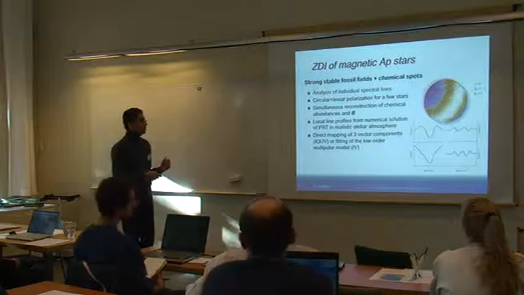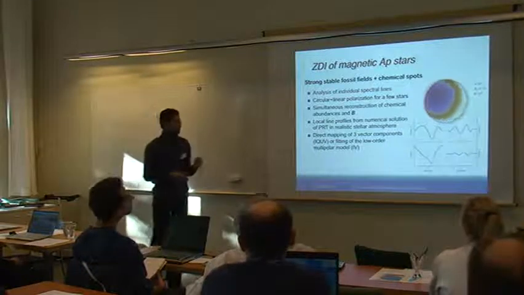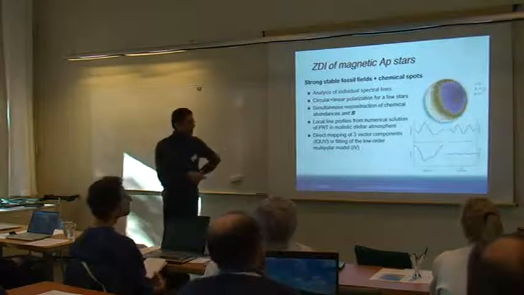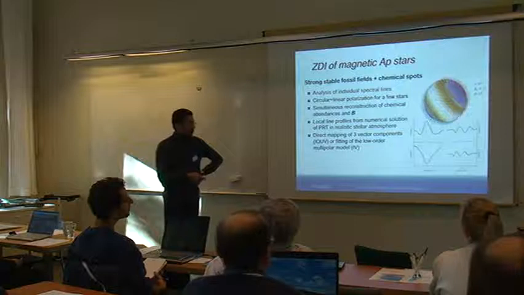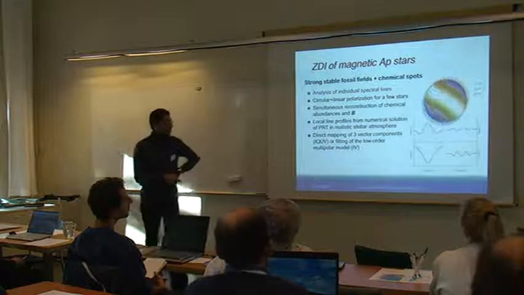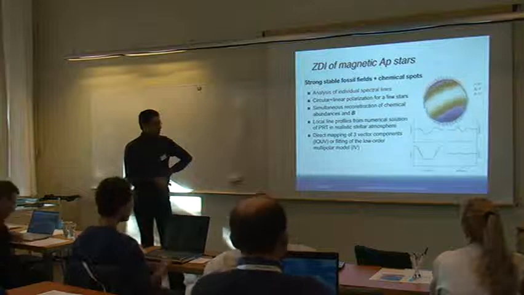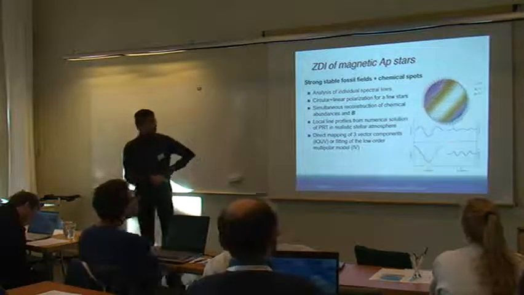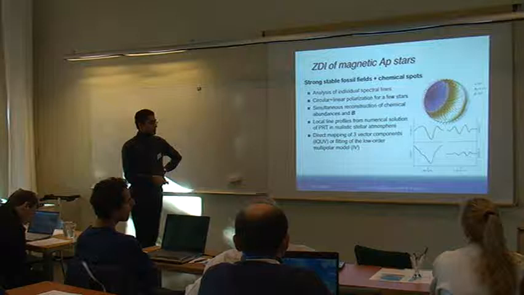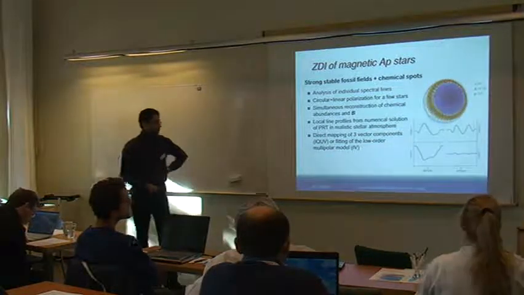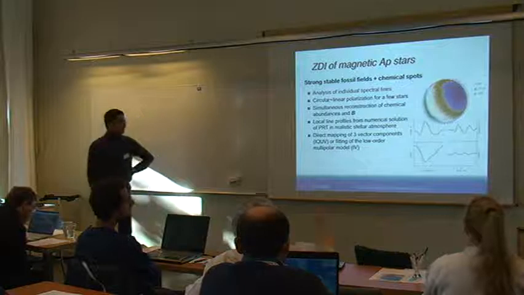And these fields are accompanied by chemical spots. This simple animation shows you the inclined dipolar field, and as the star rotates, we see how the stellar line profile recorded in all four Stokes parameters is changing. So this is intensity, this is circular polarization, and linear polarization, Stokes Q and U parameters.